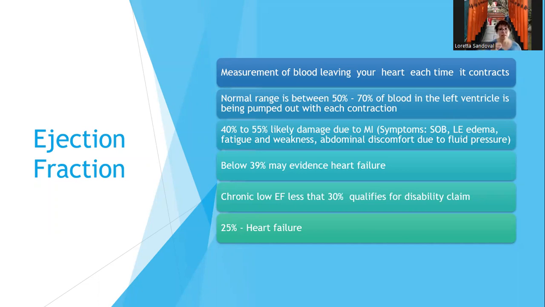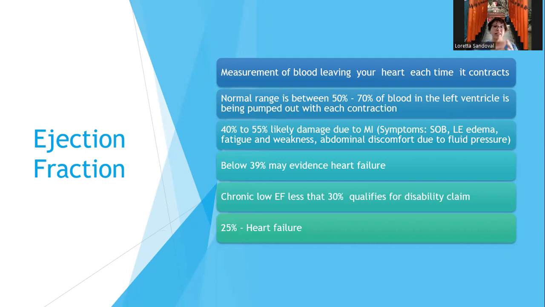If you have chronically low ejection fraction, no matter the cause, that's less than 30%, it qualifies for a disability claim. And below 25% ejection fraction is considered heart failure. Interestingly enough, though, treatments are good enough now that you can see people in the hospital or in skilled nursing facilities with a 10% ejection fraction, which means they're in heart failure, but they're still going along.